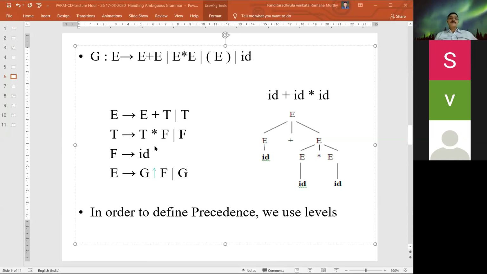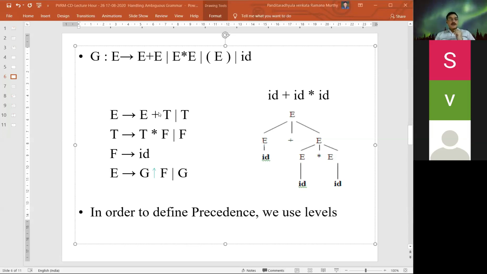But here also, it is very much clear, unless we are completing with or without multiplication operation, we can't come back to the plus sign. Okay, without completing the multiplication operation, we can't come to the addition operation.